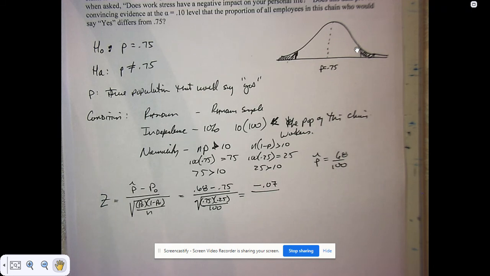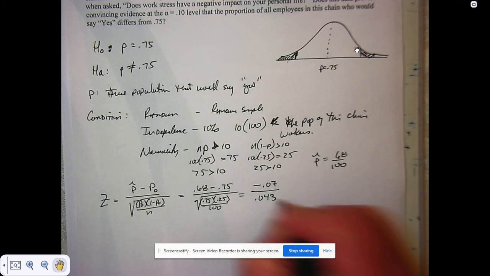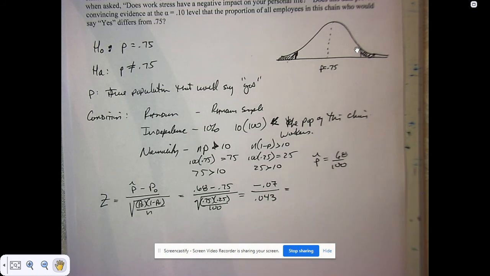Figure out what the standard deviation is. 0.75 times 0.25 divided by 100, and then the square root of that. Standard deviation is like 0.043-ish.